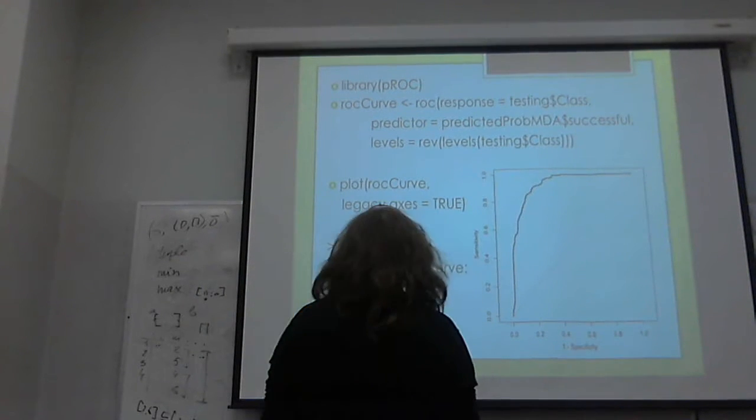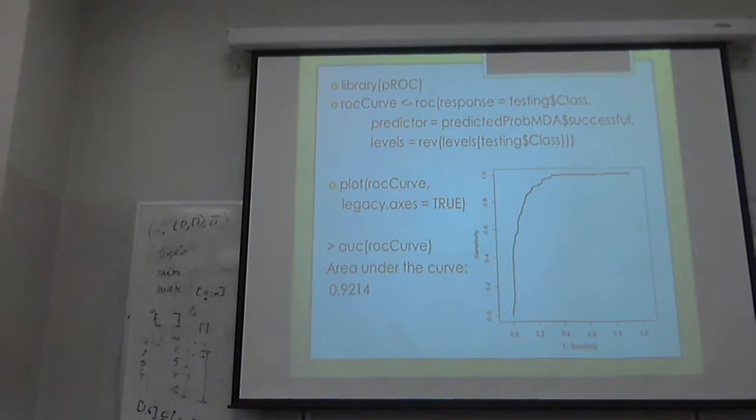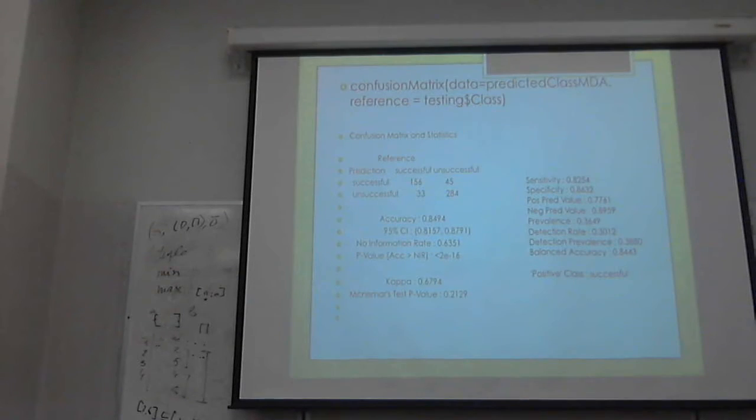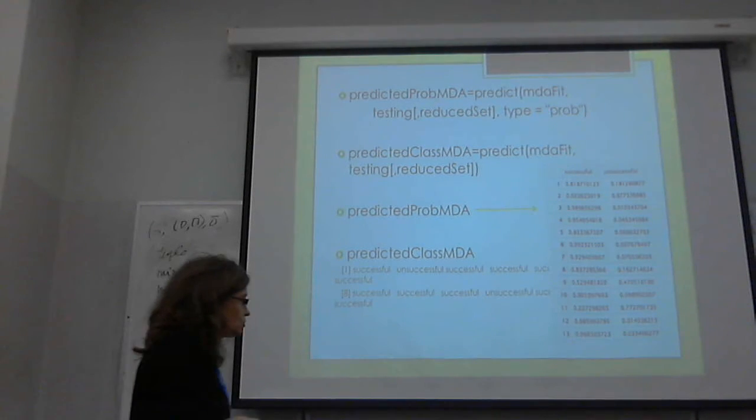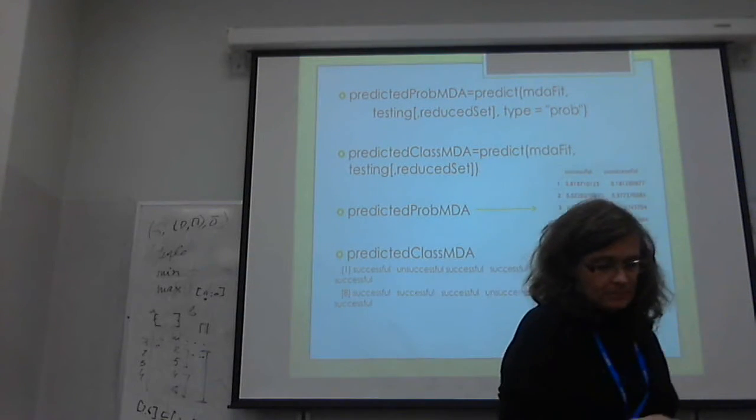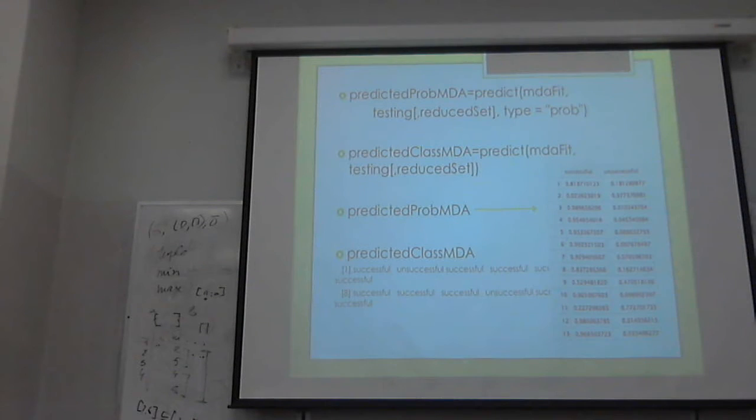This is what I would like you to do. If you do not look at the slides, please do it yourself, just to train you so that you understand what you are doing. It's the same block for analysis of every model.